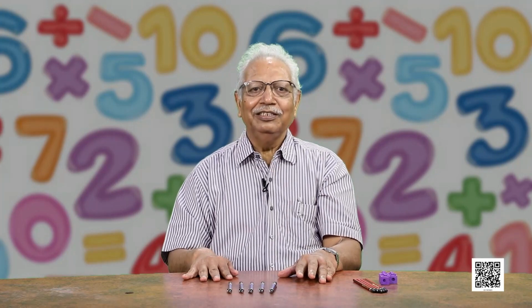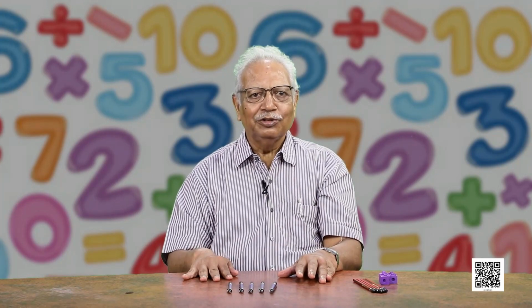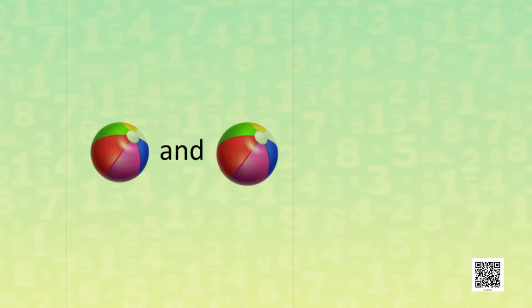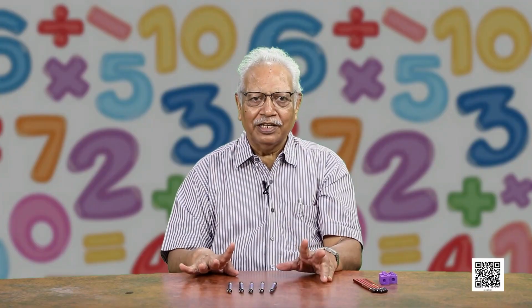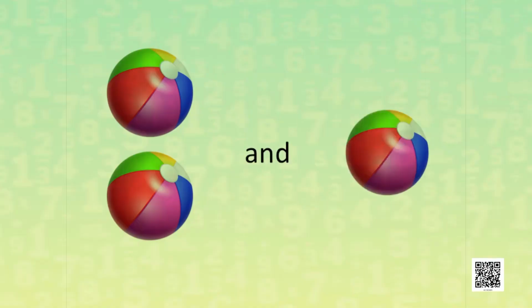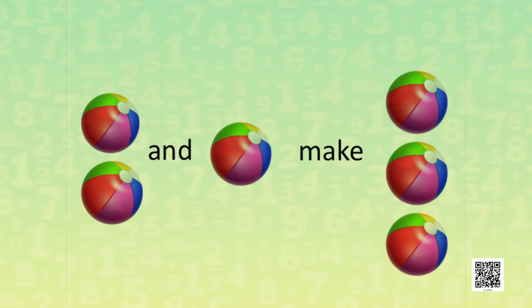They make 2 balls. So, 1 ball and 1 ball make 2 balls. Similarly, if 2 balls are there and we add 1 more ball to it, how many it becomes? 2 and 1 make 3, isn't it?